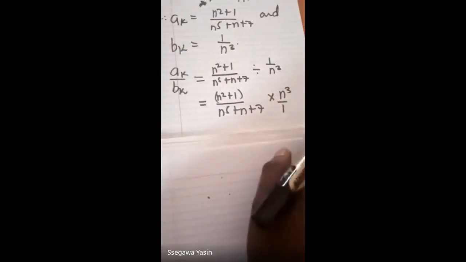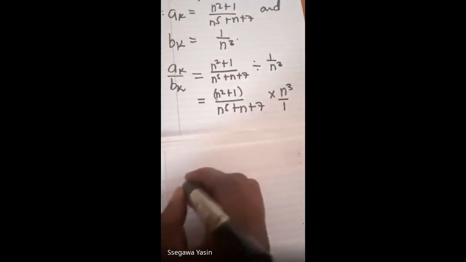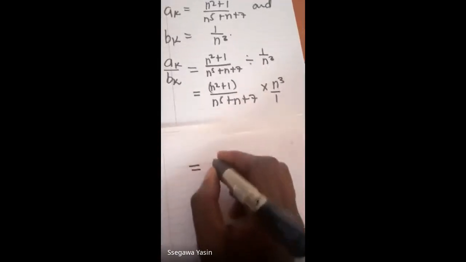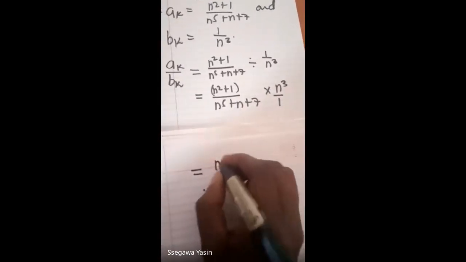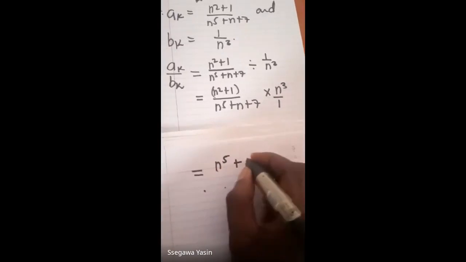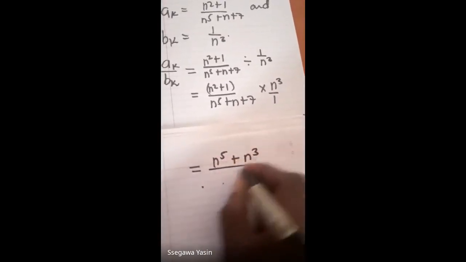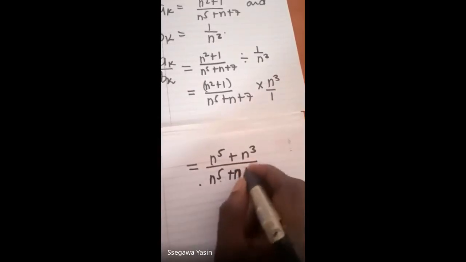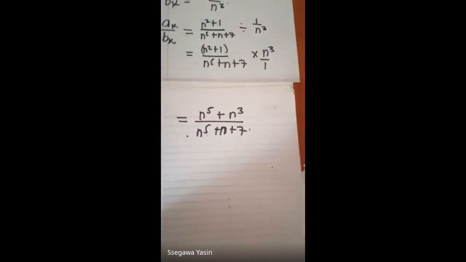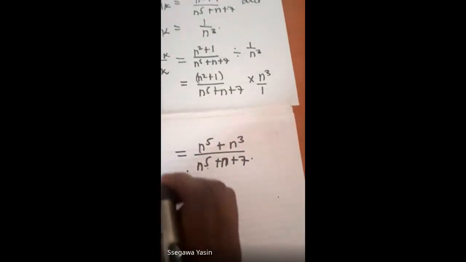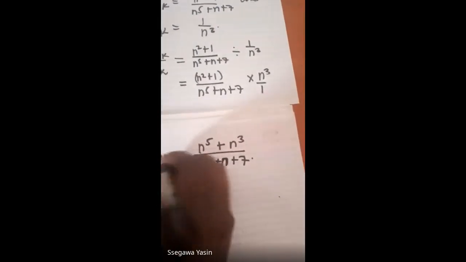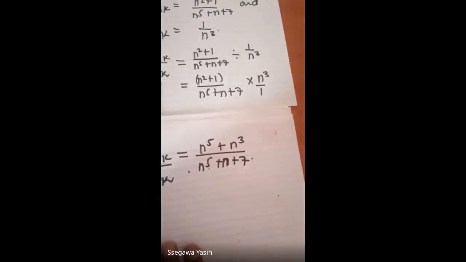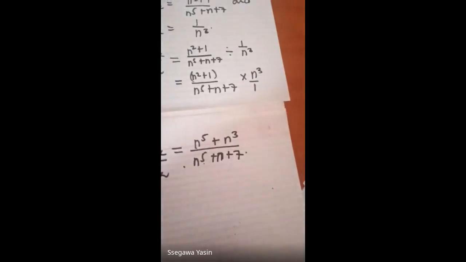So this will come to n to the 5 plus n cubed over n to the 5 plus n plus 7. Now, from that point, we are supposed to continue. This is a_k over b_k. Now, what is next? It is to take the limit.